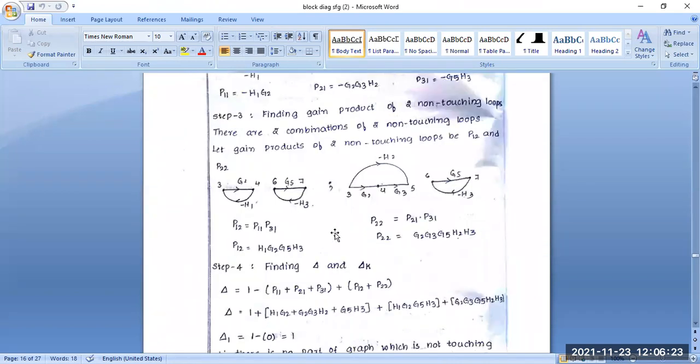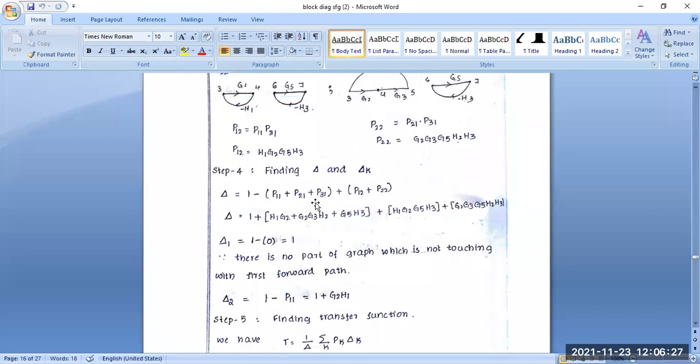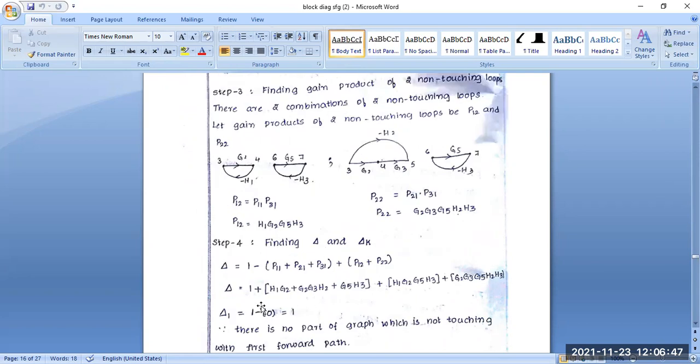So we use this formula: 1 minus first the loop gains, plus two non-touching loops, and then minus three non-touching loops if available, then again plus four non-touching loops and so on. This process continues.